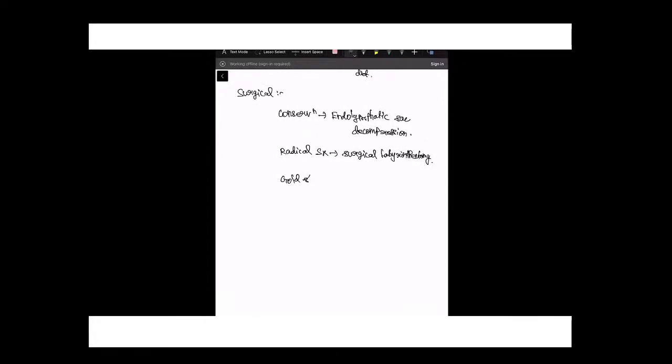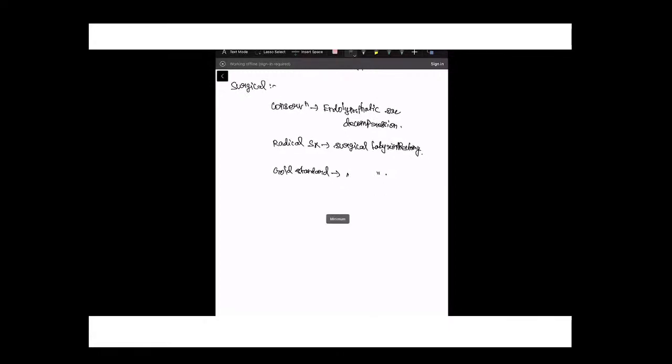Gold standard is going to be surgical labyrinthectomy.